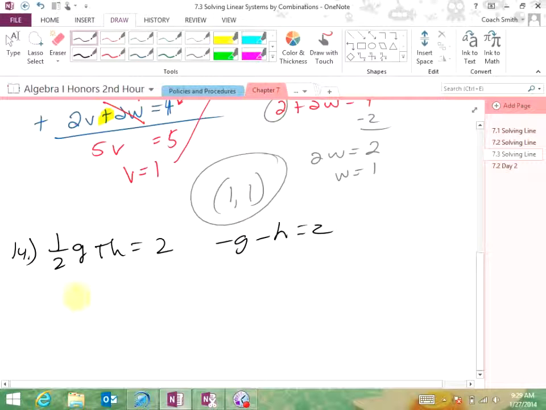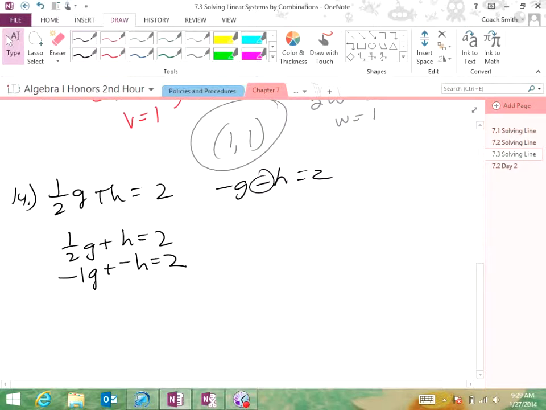Okay, and so we stack them on top of each other. I just went ahead and changed that right there when I rewrote it. And so now, you combine them, you have 4. Those two cancel, and that gives me negative 1/2 g.